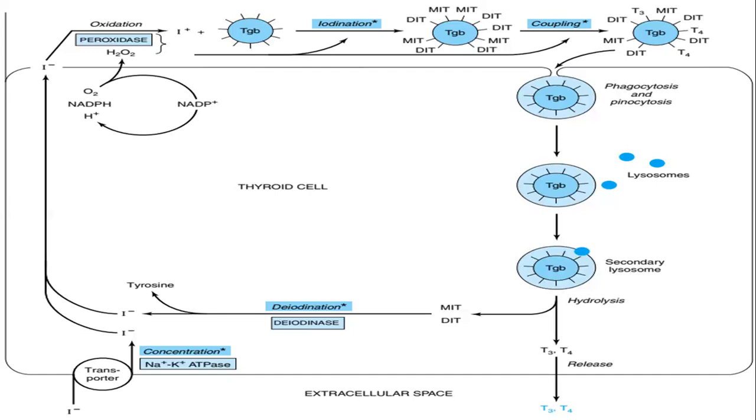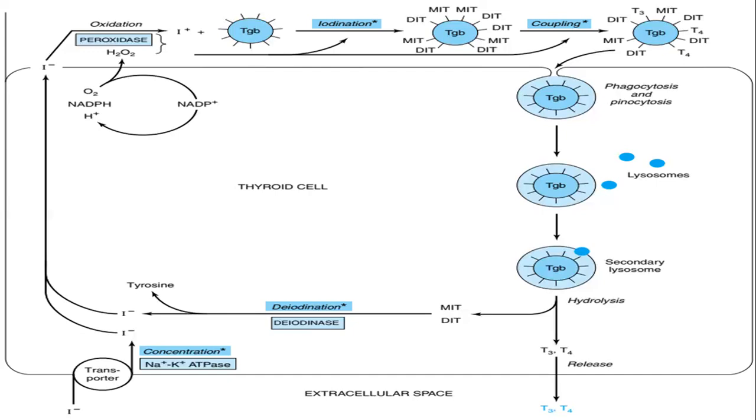And whenever there is a signal for the need of thyroid hormones, a proteolytic enzyme will be released. This is based on the stimulation by the pituitary gland, which secretes TSH, which is thyroid stimulating hormone.